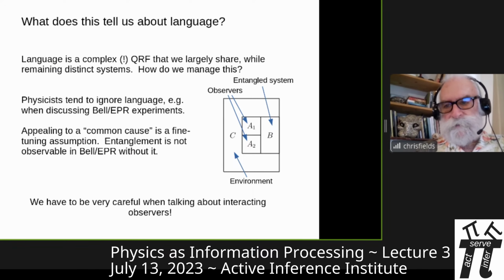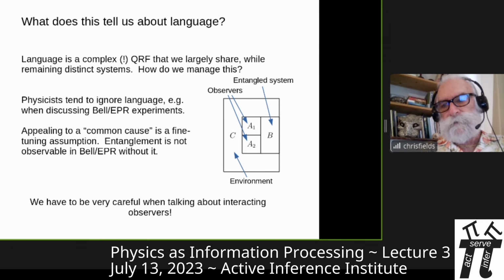And this is a question that's largely been ignored in physics because physicists have tended to ignore language and just assume that observers can communicate classically. So, for example, in talking about a Bell EPR experiment, which is the canonical experiment for measuring entanglement, the observers have to be able to share their results or they can't observe entanglement, right?